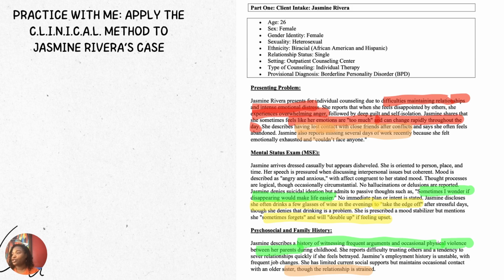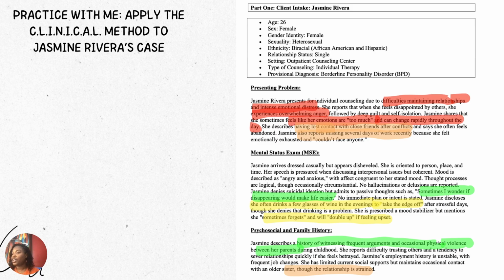Those red highlights are the client's own words. So when you think about the C, which is the complaint, it's usually the client's own words. Okay. So that right there shows a strong emotional reactivity and interpersonal instability. And it's very common in individuals with BPD.